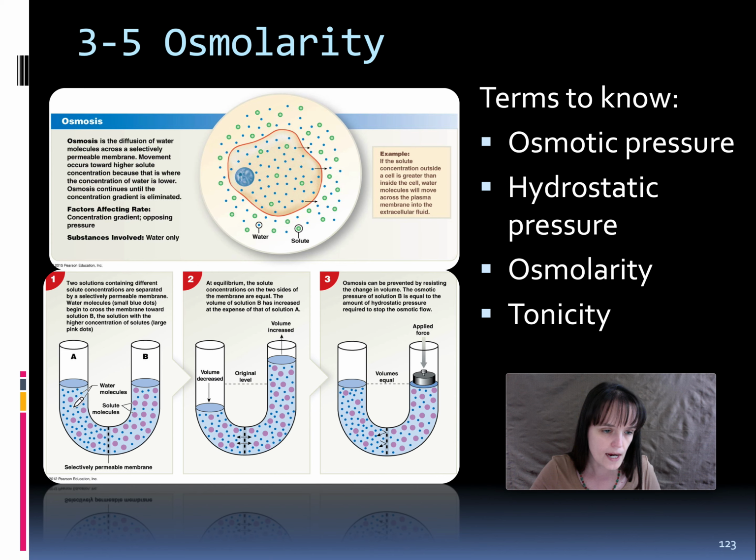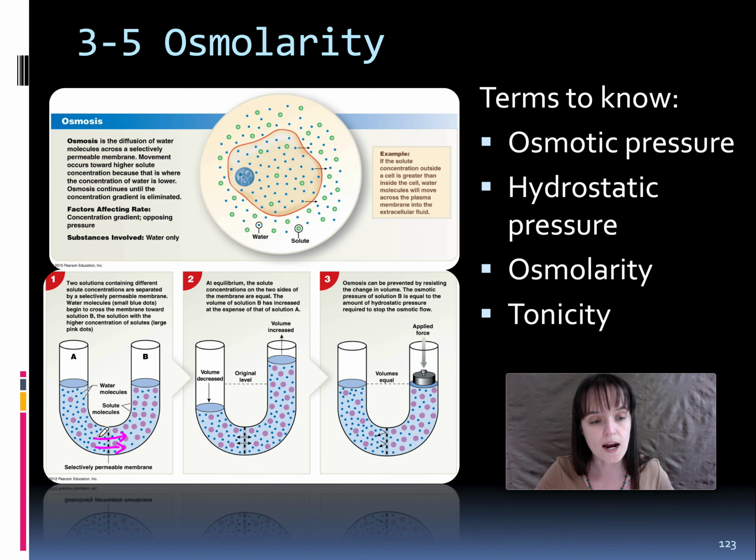So here you have lots of water molecules with a few solute molecules, and on this B side you have fewer water molecules and more solute molecules. So A here has a higher concentration of water, B has a lower concentration of water, and water moves across the selectively permeable membrane to the area with the higher solute concentration, which is saying it backwards because everything moves down its concentration gradient.